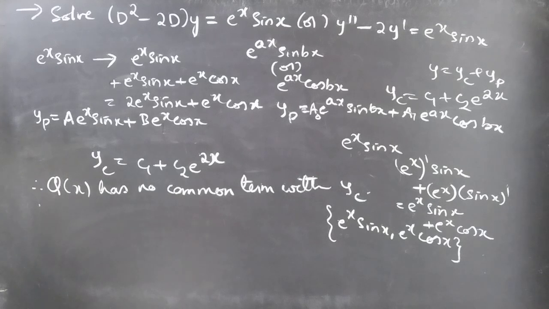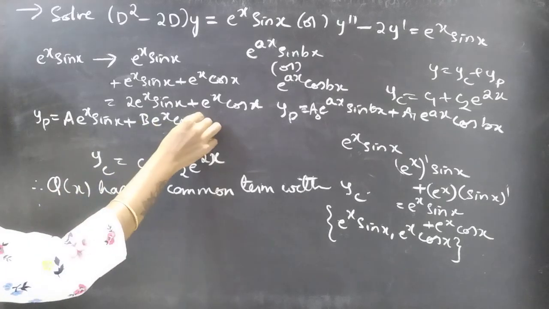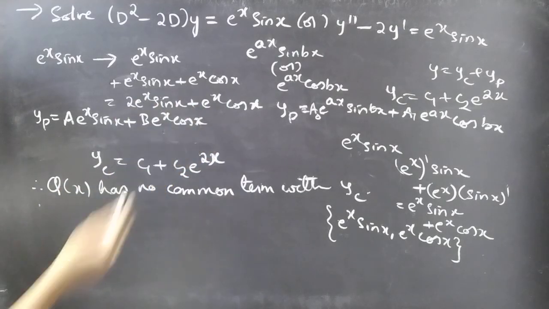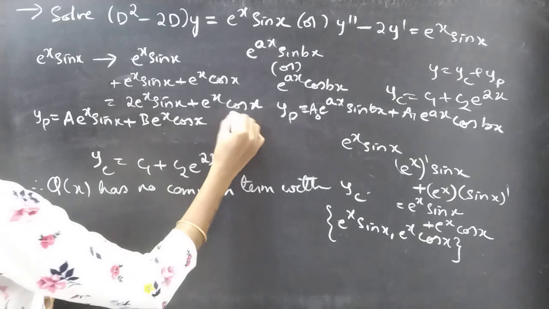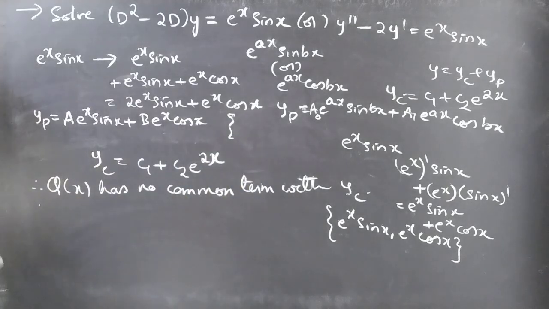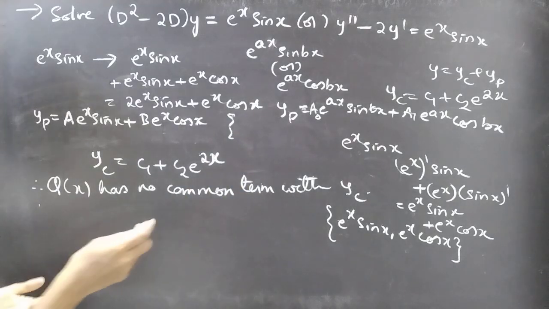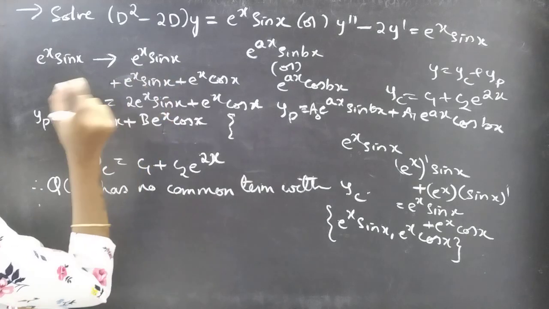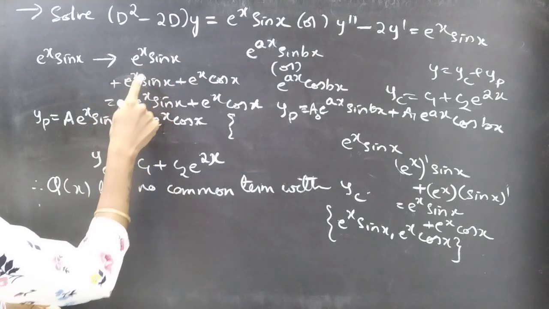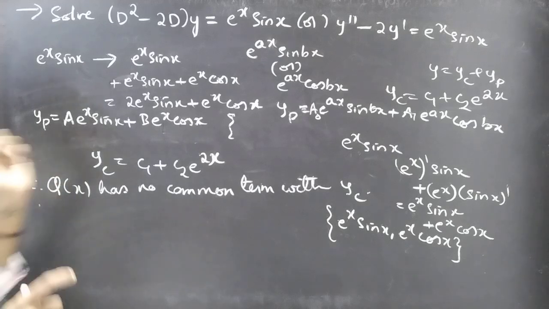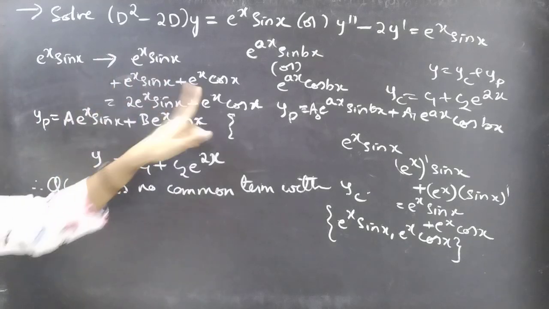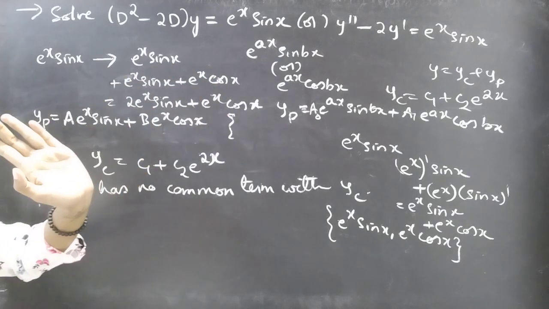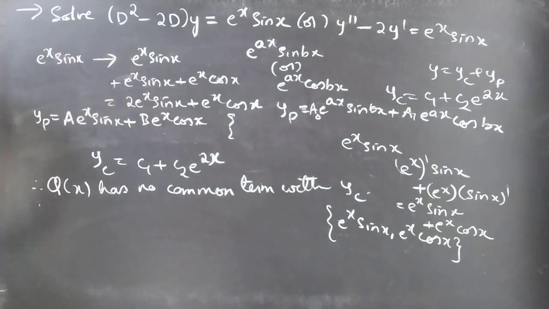Irrespective of constants, or simply you can just write some set form. You can write q of x and its derivatives in finite set form like this. So yp should contain a term e power x sin x and e power x cos x. Just forget about adding and all.